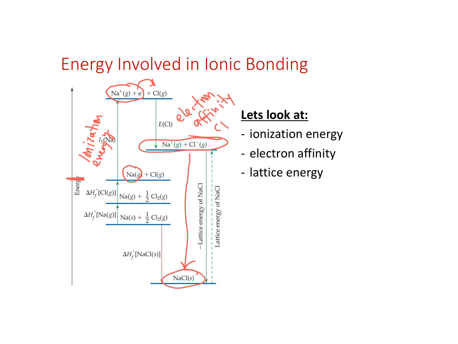And now here's my solid sodium chloride, which is more stable than the sodium and the chlorine that I started with. That confirms our exothermic process. In order for that ionic bond to form, we need to end up lower in energy than where we started. And once we include our lattice energy in that calculation, we do indeed end up at a lower energy than where we started.